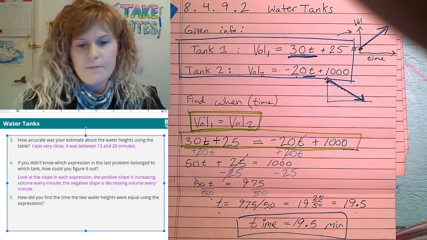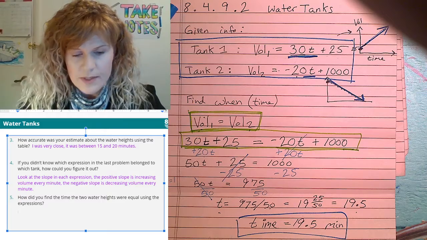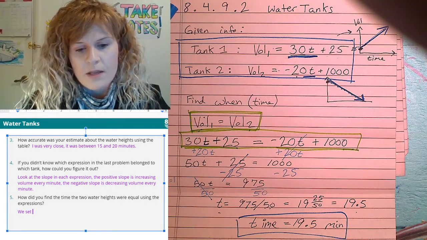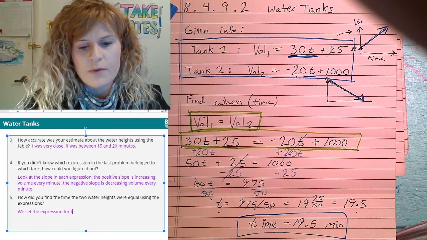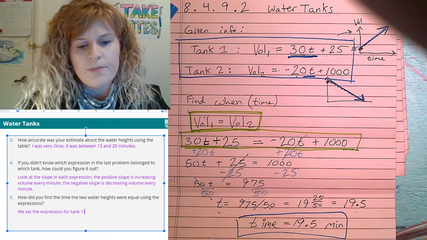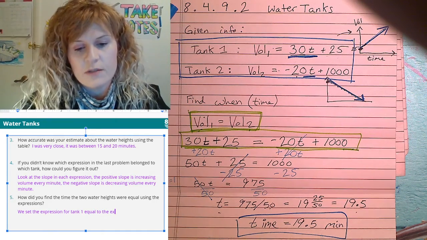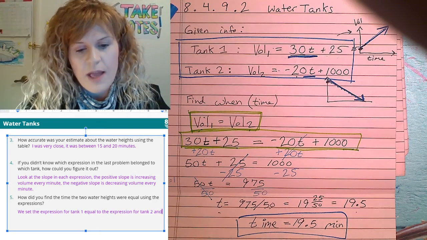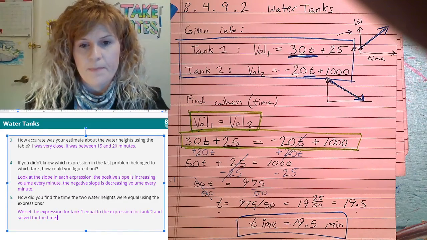So let's answer that. How did you find the time when the two water heights were equal using the expressions? Okay, we set the expression for tank 1 equal to the expression for tank 2 and solved for the time.